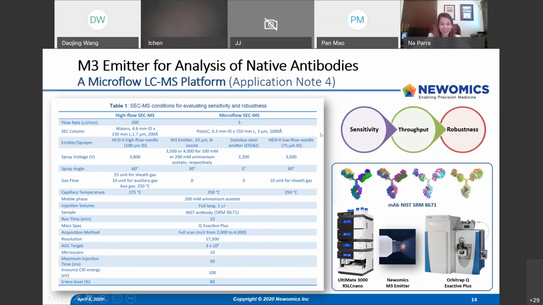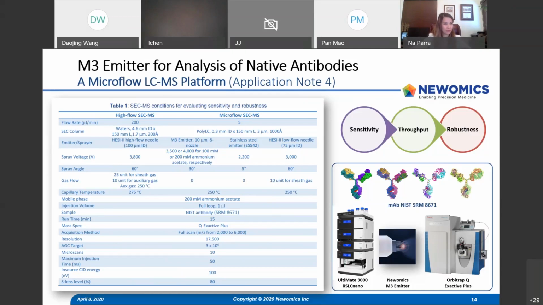Okay, just to lead the audience, we are testing our nanoflow solutions right now. We already make the smaller ID, also different geometry, M3 emitters.